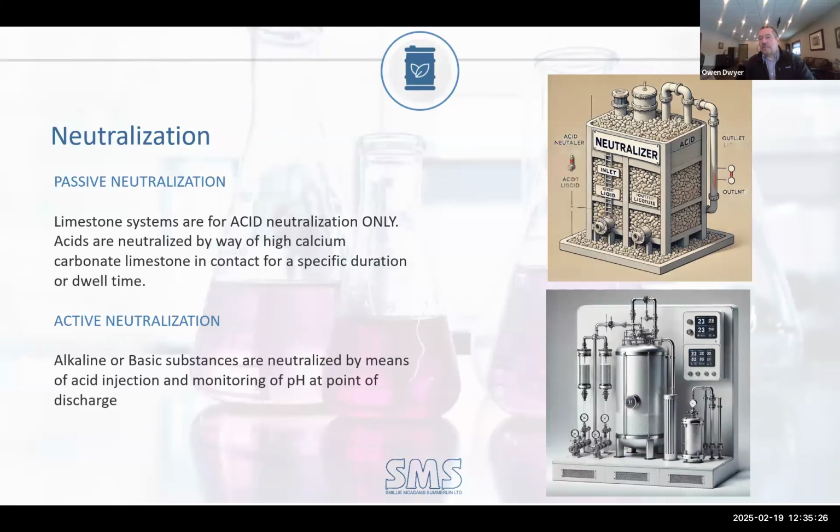So if you have an effluent that's caustic already, limestone's not going to do anything for you. It's not going to neutralize a caustic. It will only act on an acidic effluent. And then you have an active neutralization system, which uses alkaline or basic solutions. It is a liquid and injects by way of pump and agitation to create a neutral or permissible discharge.